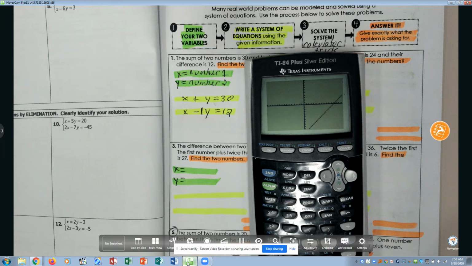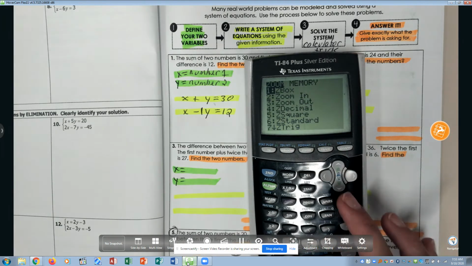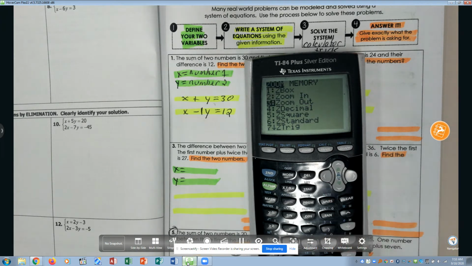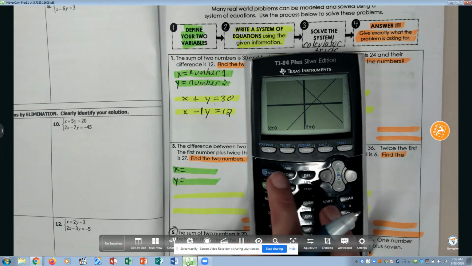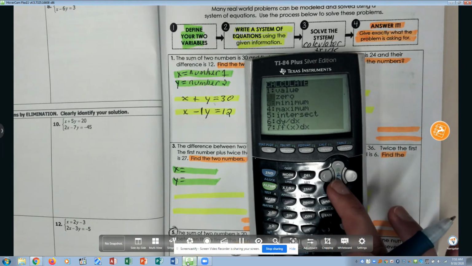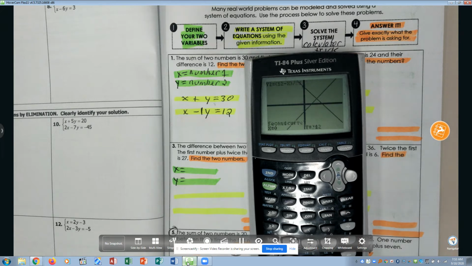There's one of my lines. It's not in my window, so I'm going to zoom out. I got to see both lines. There's one of my lines, and there's my other line. Okay. So now, second calc, go down to intersect, enter, enter, enter, 21 and 9.